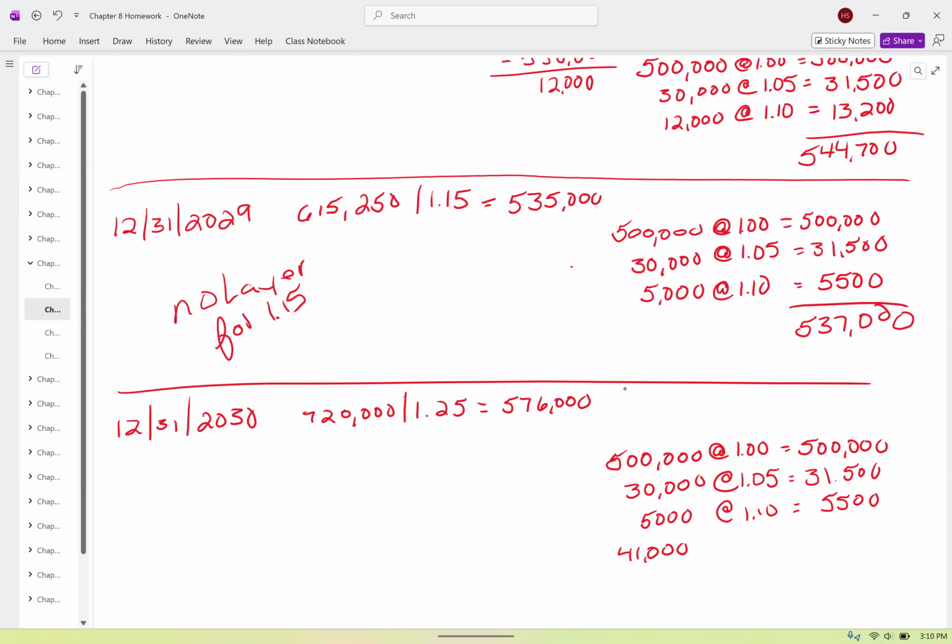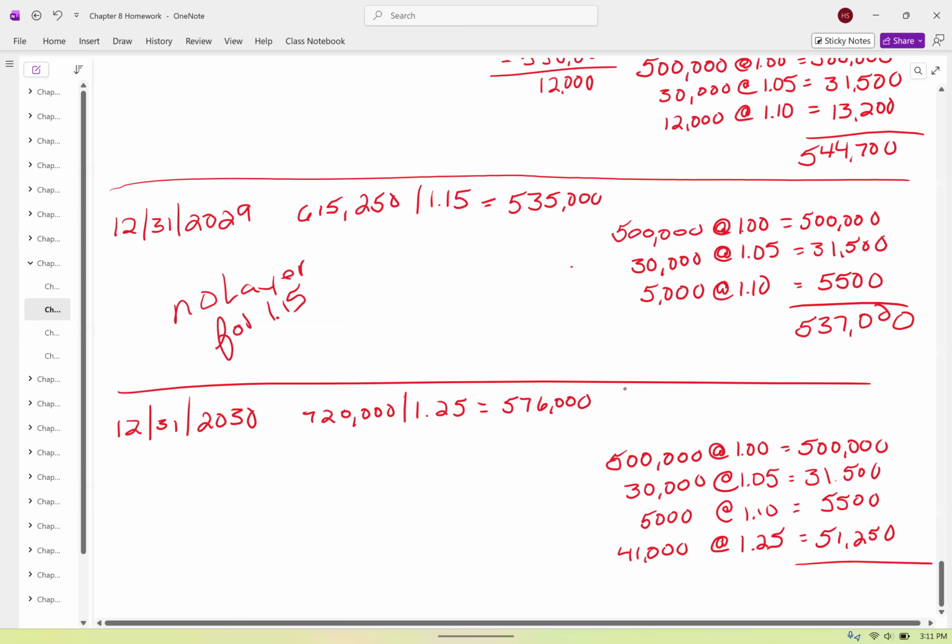I was just checking my work to make sure. And that will be at the price index 1.25. That gives us 51,250.